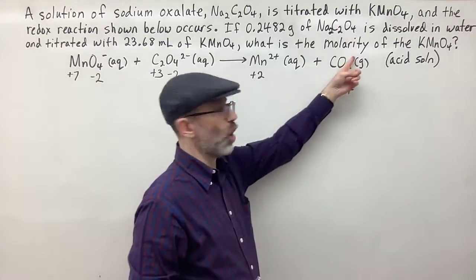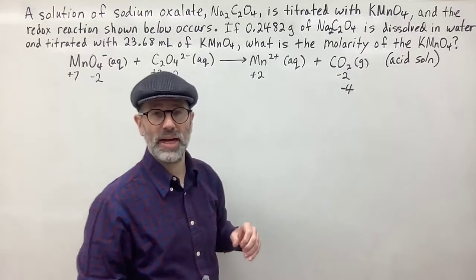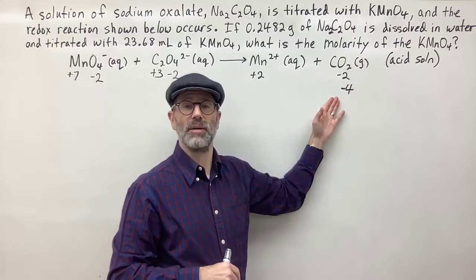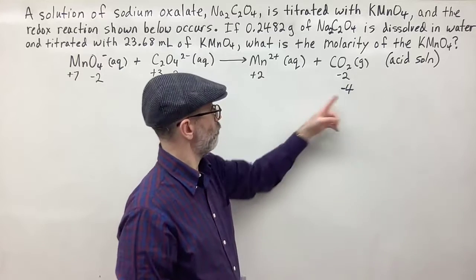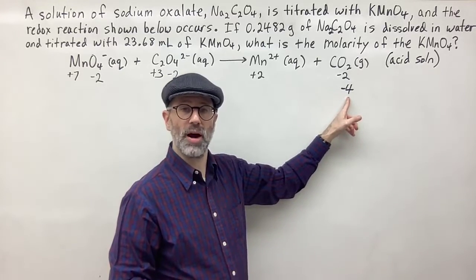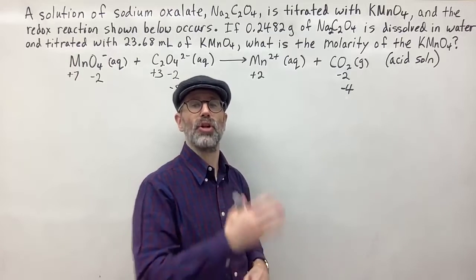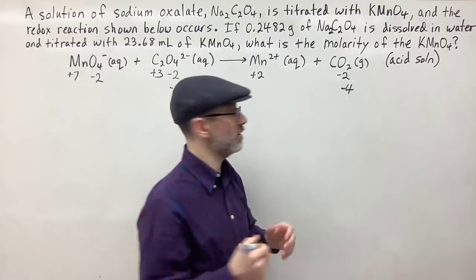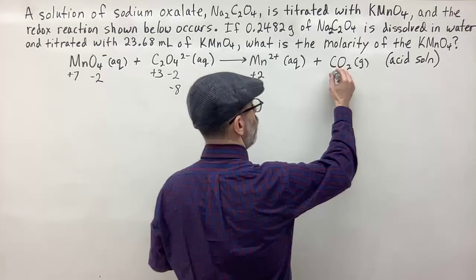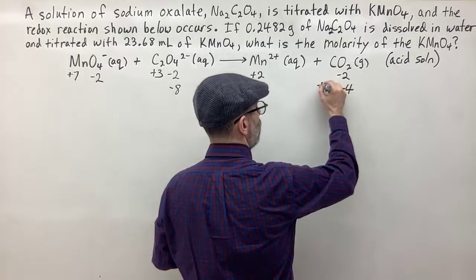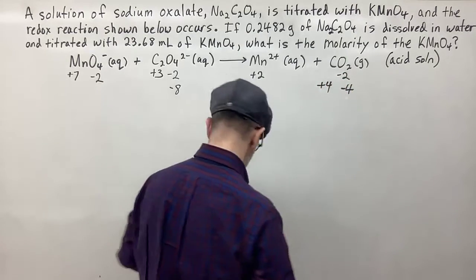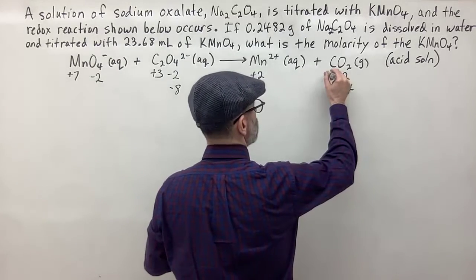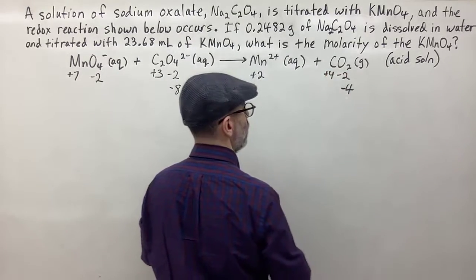Notice that there's no charge on the carbon dioxide. That means that the oxidation states of all the atoms must equal 0. So if we have -4 total for our oxygens, we should have +4 total for the carbon. We only have one carbon, so that oxidation state goes on to one carbon. Let me write that up here. So that's going to be +4 for the carbon.